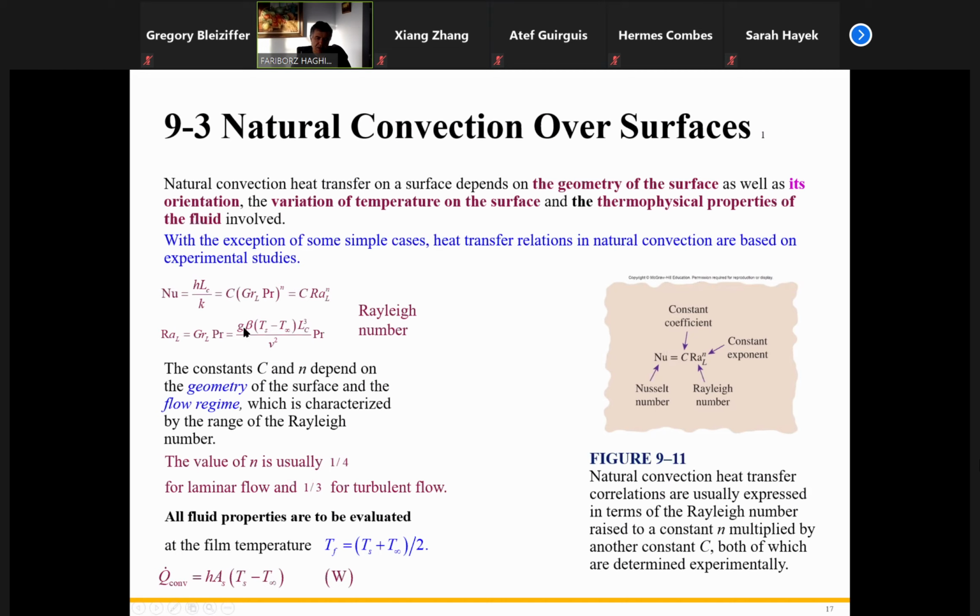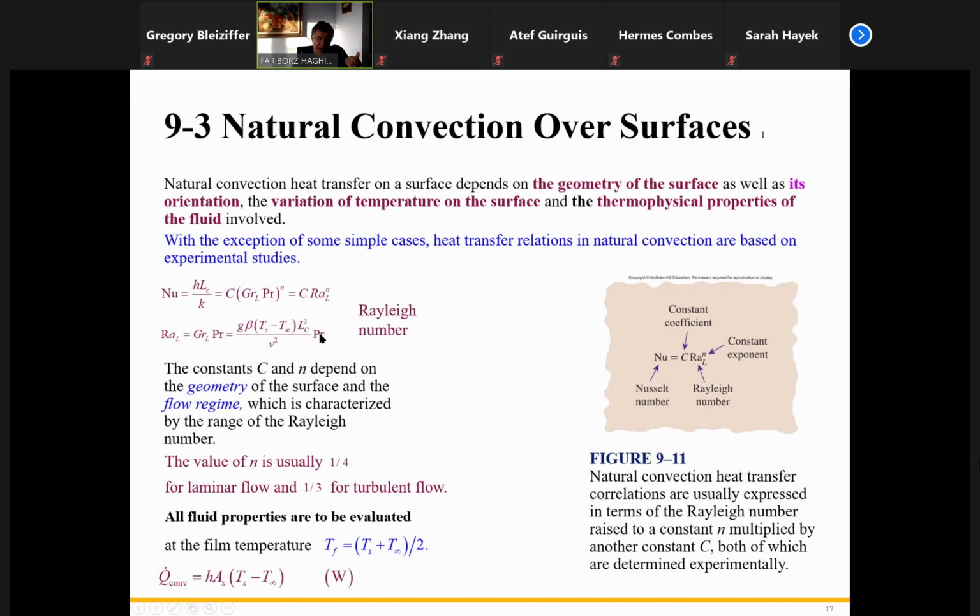Therefore, your beta is 1 over 303. You have TS 43, what was it? 17, T infinity, and these two numbers come from the table. You calculate your Rayleigh number, okay?